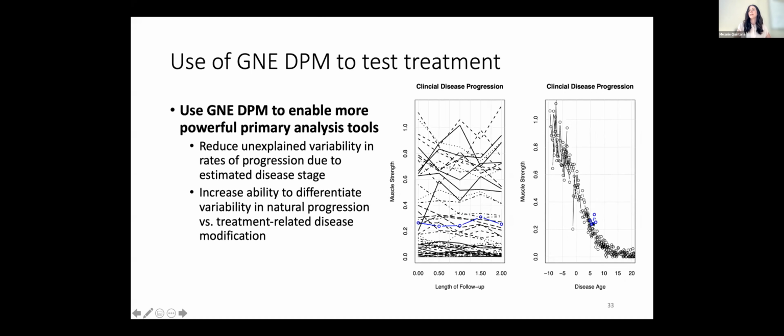But when I adjust for disease stage, when I adjust for where I think they would go under natural progression given their current disease stage, you can clearly see that they're rising above, that the values tend to be higher than what we would expect under natural progression. So again, this is to give you some intuition behind why we think being able to adjust for disease stage in a primary analysis method to test a treatment will give us a lot of power.